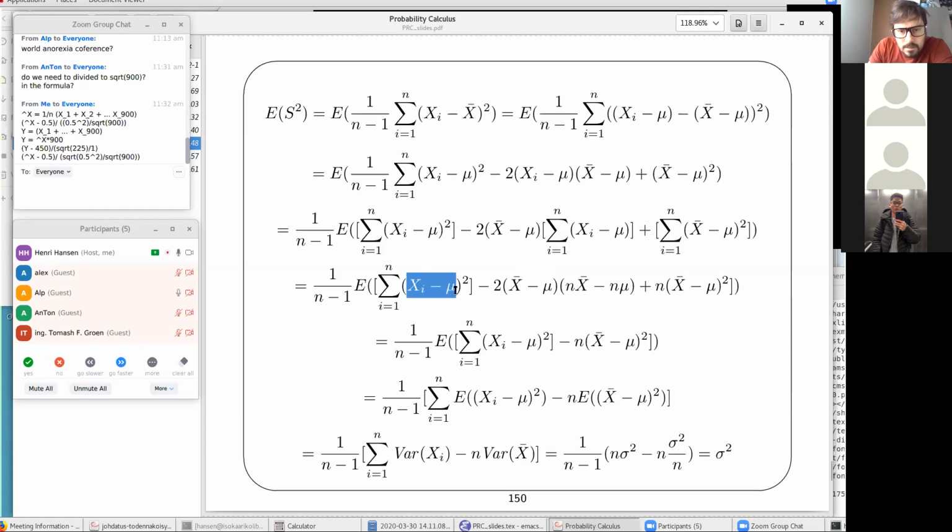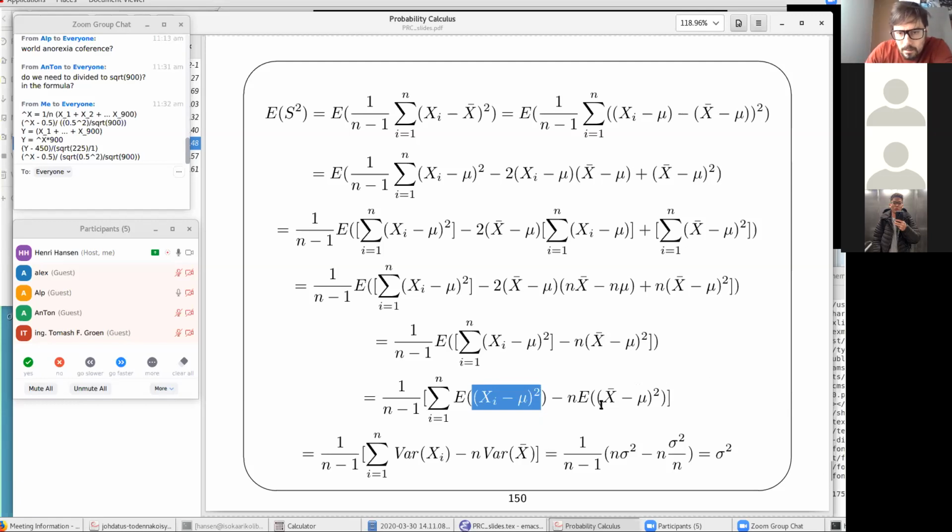But we notice here that this sum and this sum, we can rewrite as the expected value of this minus the expected value of this. And then here, this is the expected value of xi minus mu squared, but each and every one of these expected values is in fact the variance of xi.